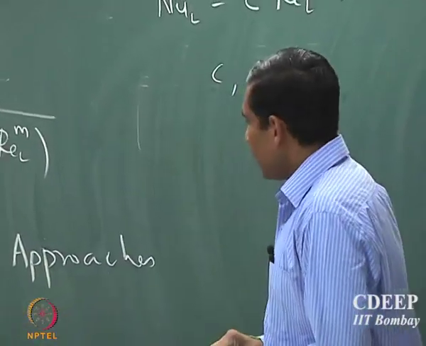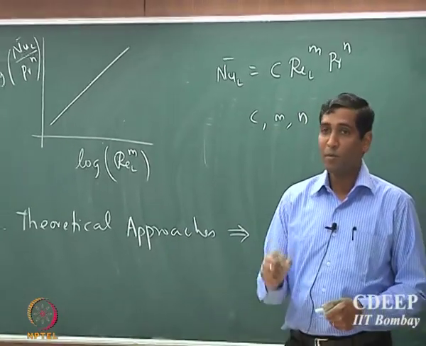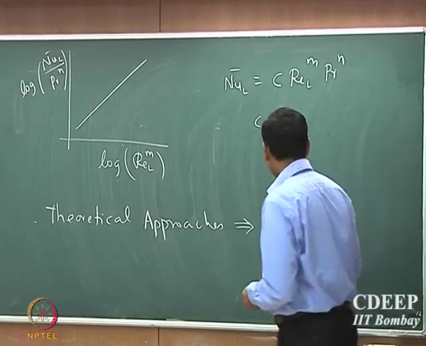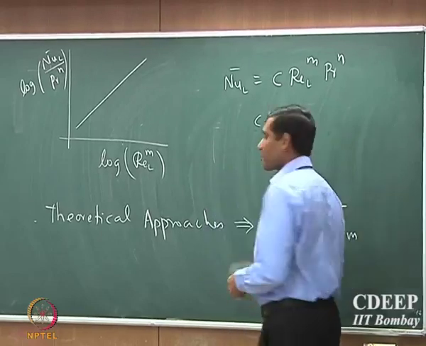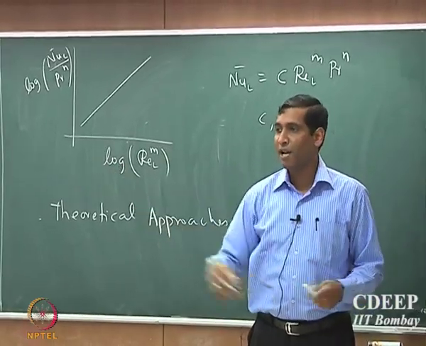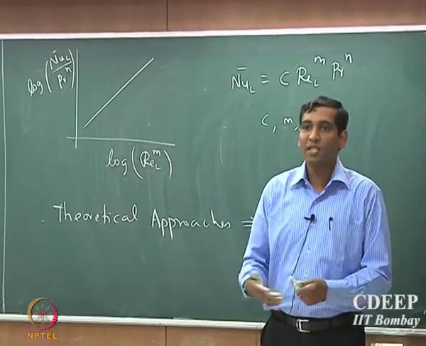Now what is also important to note is that the question we are trying to ask in all of these problems is: what is the average heat transport coefficient, and what is the average mass transport coefficient? So we really do not need the full temperature profile and full concentration profile. If you have it, well and good, but that's not really important.